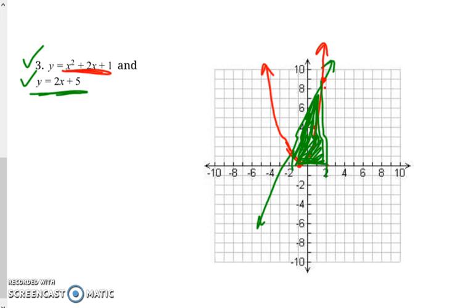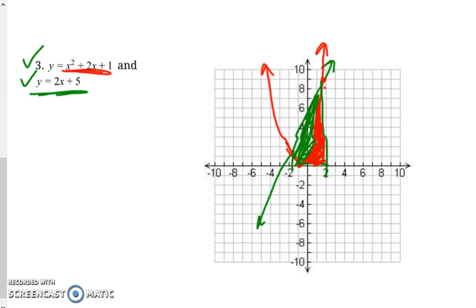We're going to subtract out the area underneath the parabola, the red. So we're going to take that green, subtract out the red, and what we're going to be left with is my blue.